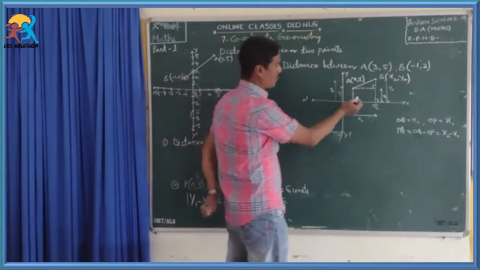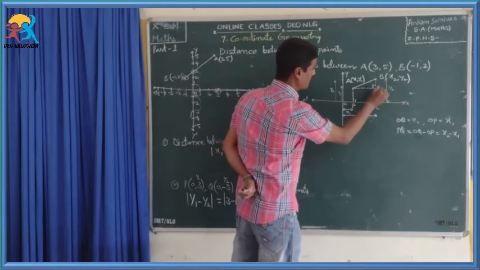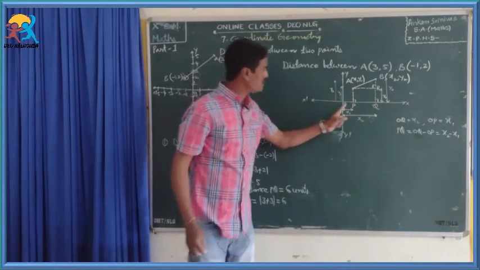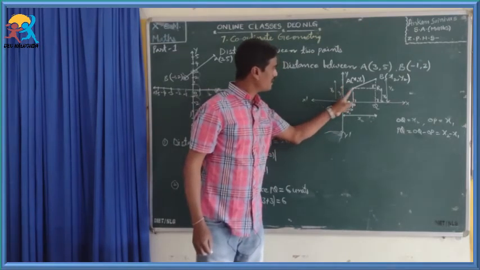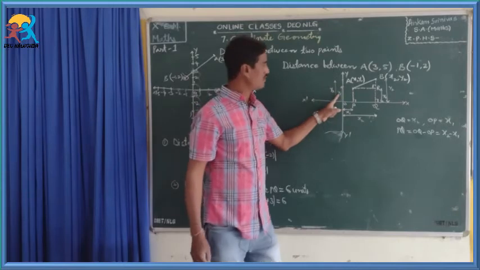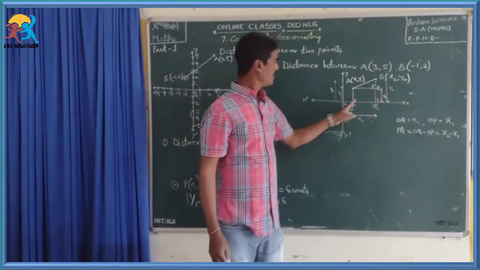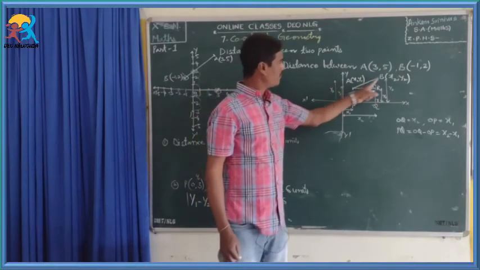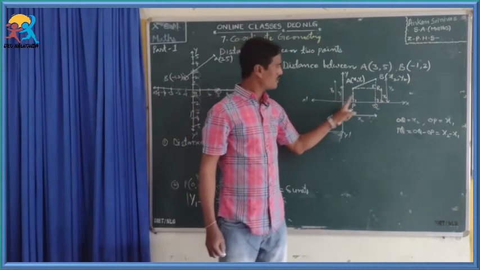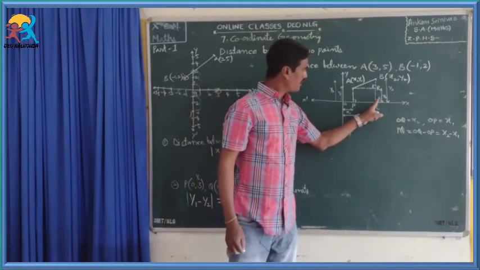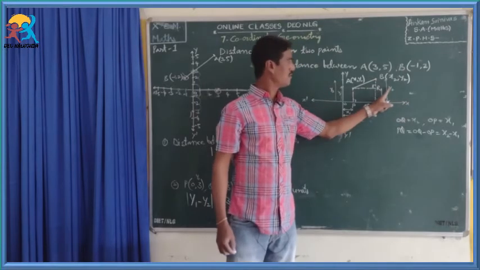Now let us suppose from this perpendicular point, let us suppose R. The distance O to A is y1, so RQ becomes also y1. Origin to B position is y2 units, so the perpendicular line BQ distance becomes y2 units.